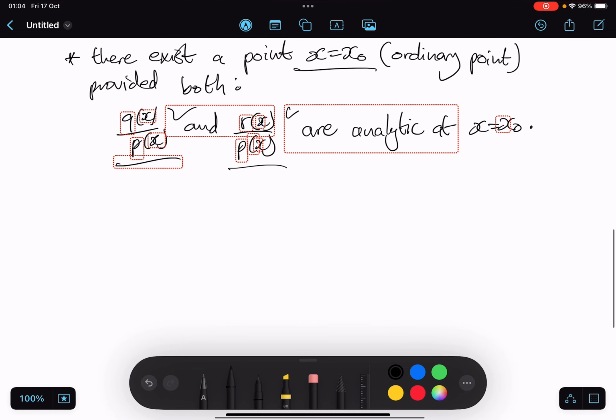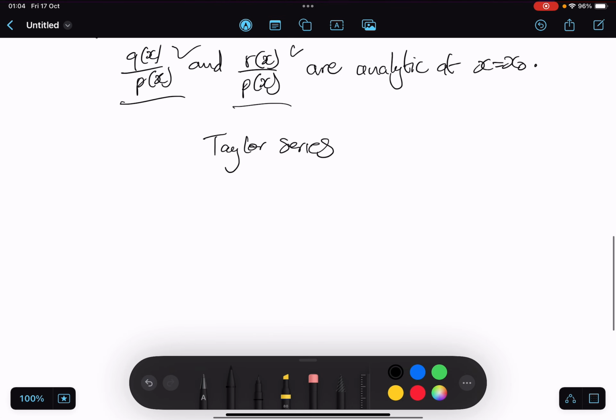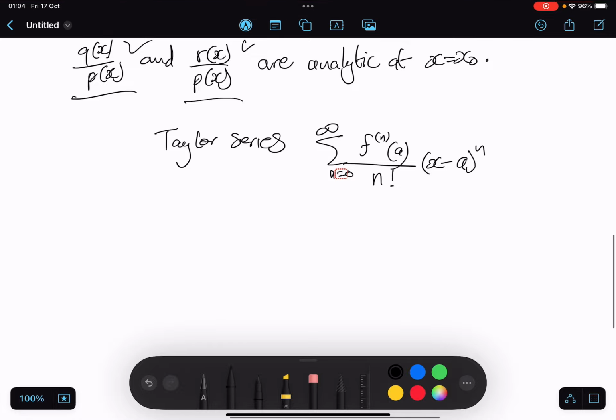And remember, a Taylor series is also a power series, because the Taylor series can be represented as the sum from n equals 0 to infinity of f superscript n of a over n factorial times x minus a to the power n. So you can see that a Taylor series is also a power series.